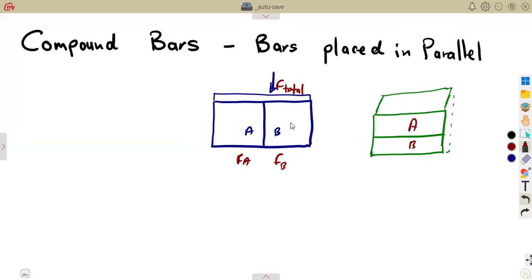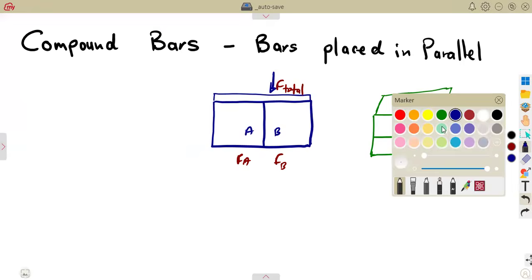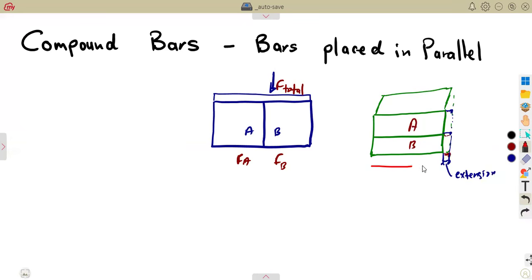All right. There is an extension that is going to happen from A, also an extension to B, as we can see, because these two bars are in parallel. The extension that is going to happen between these two is definitely the same. The change in length is going to be the same. And considering their original lengths, the length of A and that of B, it's also going to be the same because these two are in parallel.